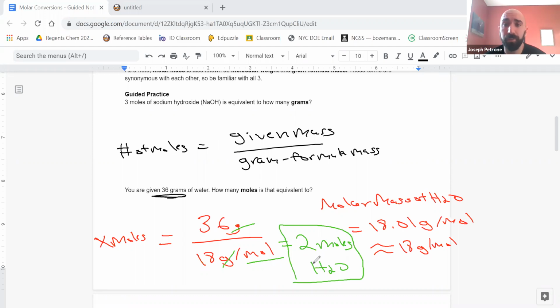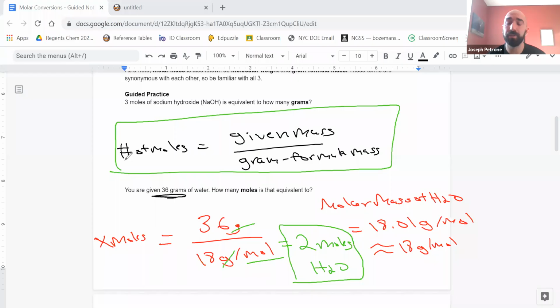Just a quick little tip here. I'm going to always suggest that you write out the formula that is given. So always use this as a guide. Oftentimes I'll have students ask me, do I multiply here or divide here? As you may have realized in this, when going from moles to grams, typically we multiply.